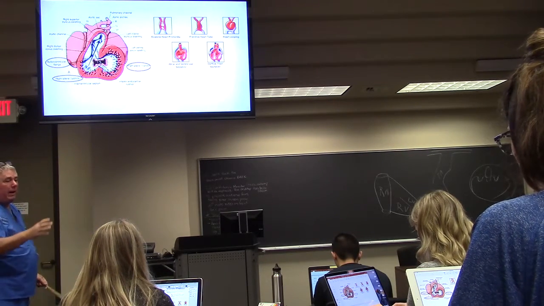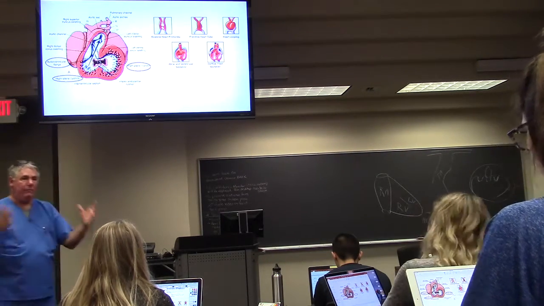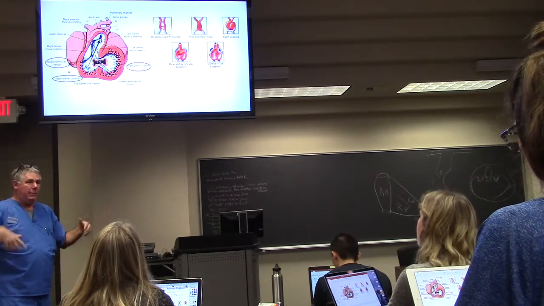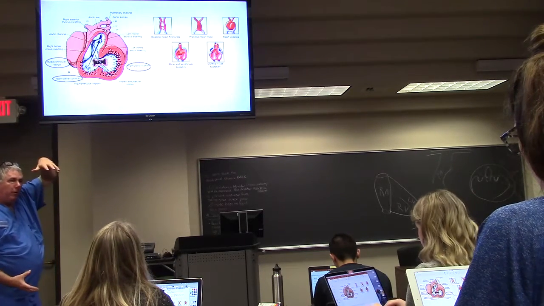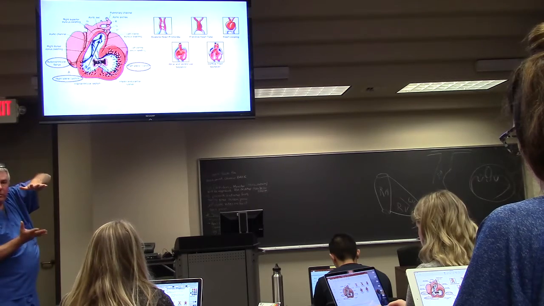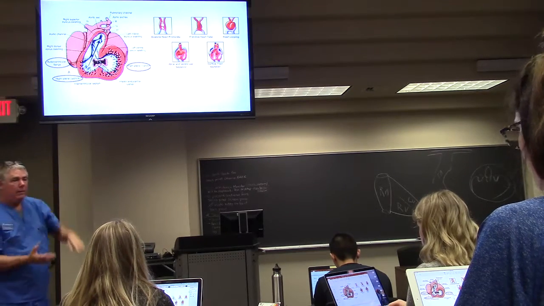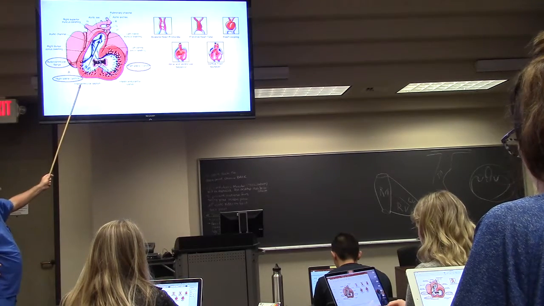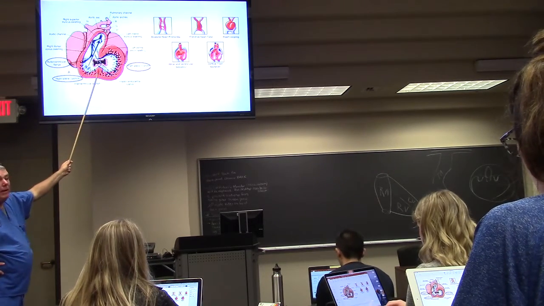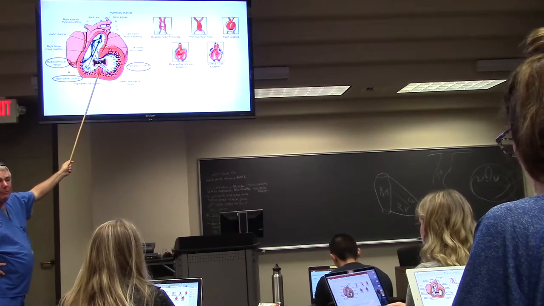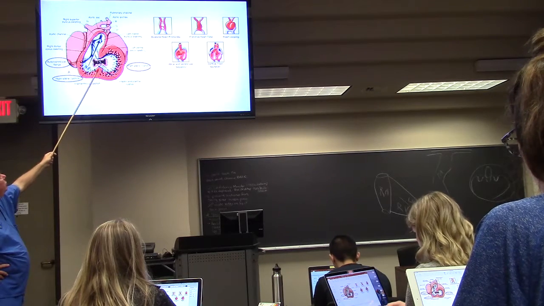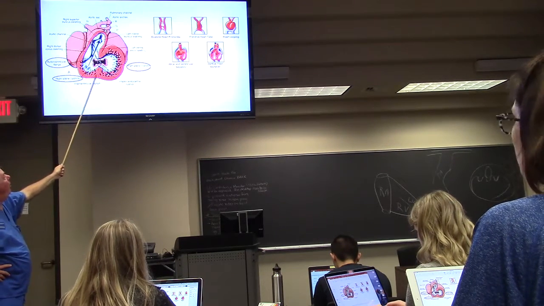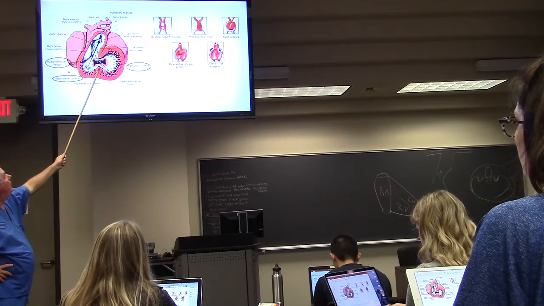So what happens now is you have this ventricle, and in the middle of the ventricle and the top of the ventricle, you start having downgrowths. The bottom one is the one that grows up the most, because that's going to be the interventricular septum. It's a muscular structure that's going to grow up towards the top.